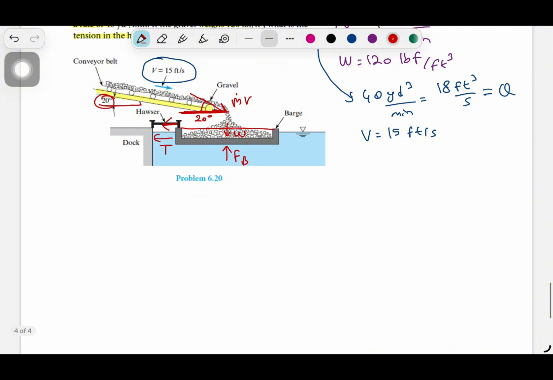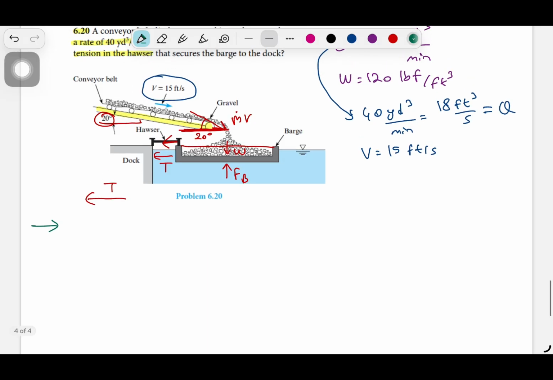So basically we will have tension, and we will have horizontal component of the momentum rate here. So let's see what we get. So again, since we are dealing with force, which is the tension is also force, we can again use the rate of change of momentum equation. So we will have out minus in.